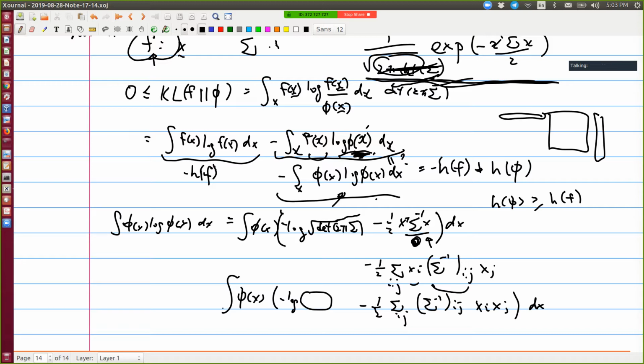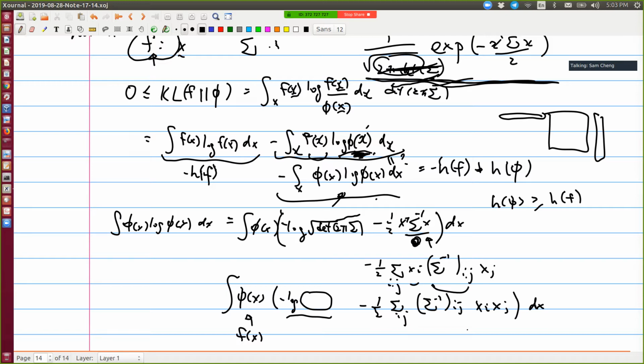Now the first term is basically just a constant. Phi is a distribution, so what I mean is I replace phi x by f x. It doesn't change anything for the first term, because both of them are equal to this constant. In either case, I can pull this outside.